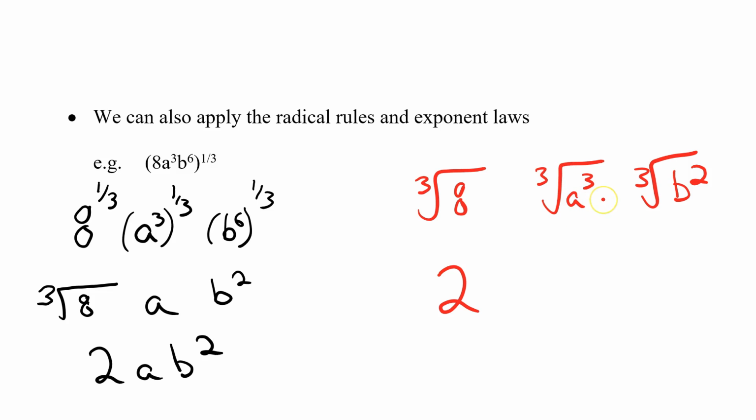In this case here, we've got a to the third, cube root. Well, cube root and cubing cancel each other out, giving me a. And sorry, there should be a 6 here. You take the power, divide by the index, 6 by 3 is 2. So both ways get us where we want to go. Whichever way you feel works, you show your work, get the right answer, you're good to go.